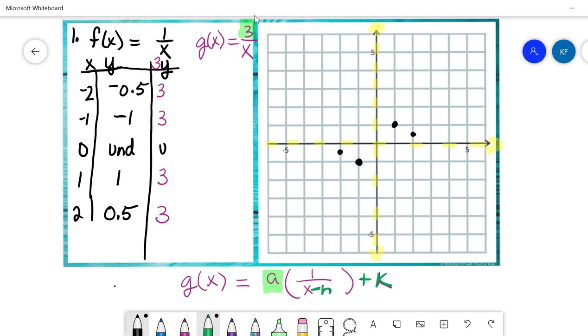This is still undefined because, you know, it's undefined. And then I'm going to plug in or substitute in my y values, and then just calculate like normal.